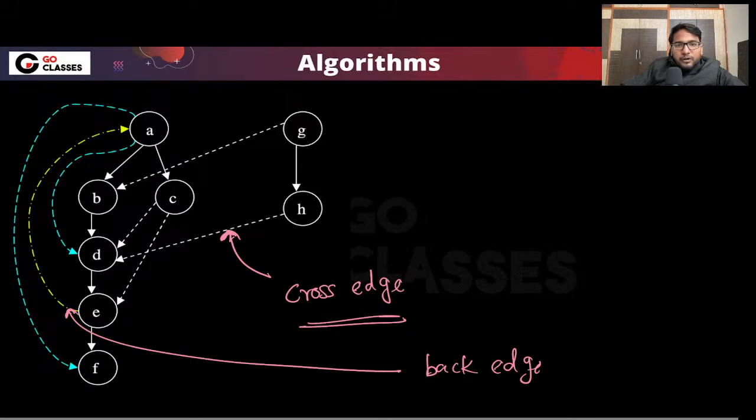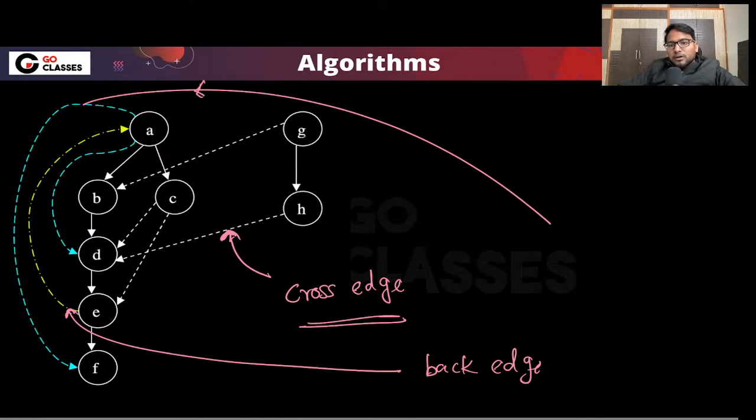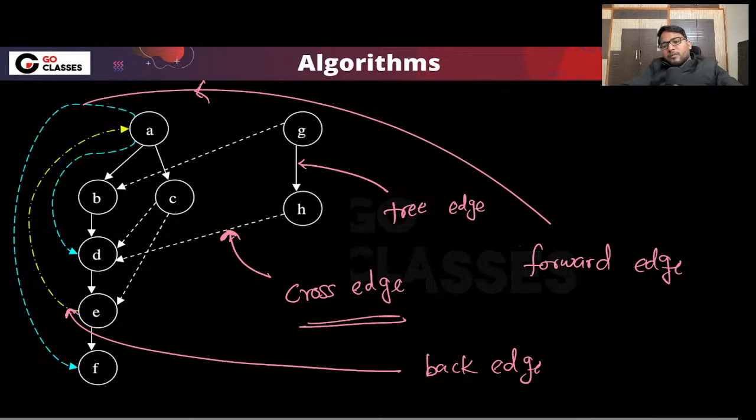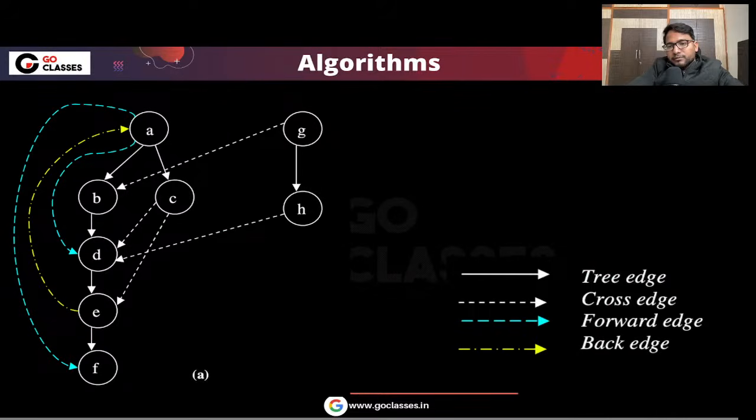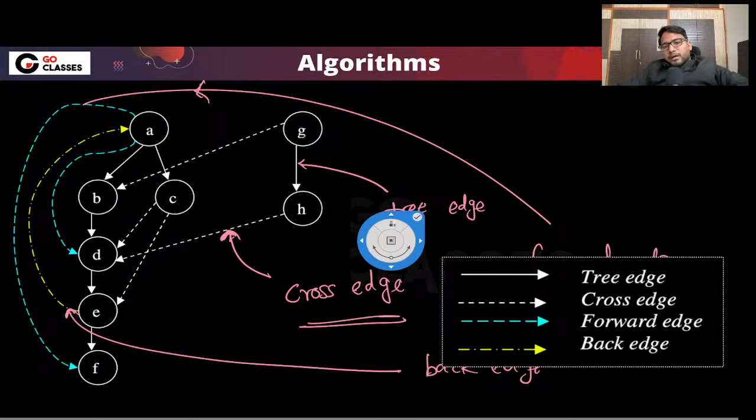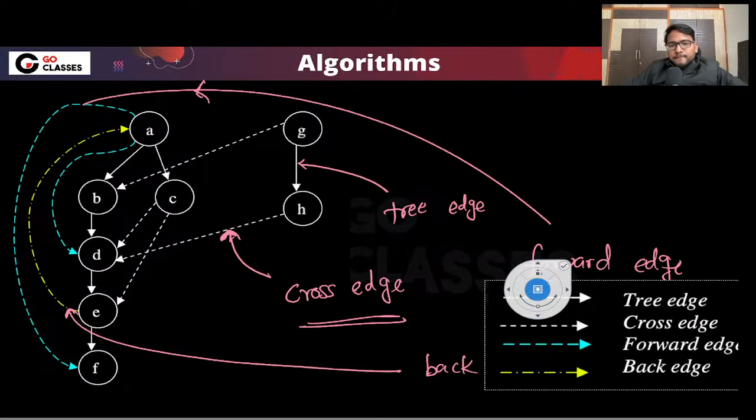If the edge is from ancestor to descendant, that edge is not in the tree, but in the graph that is there, that is called a forward edge. And if that is in the tree, then this is called a tree edge.